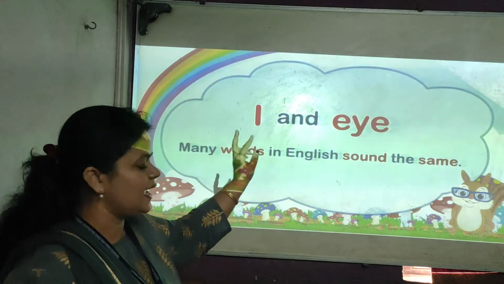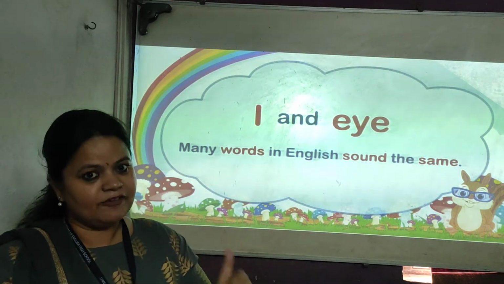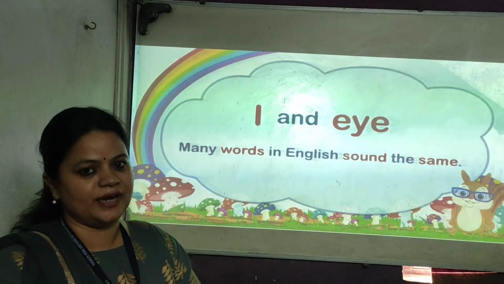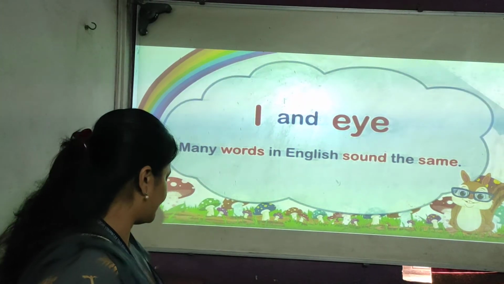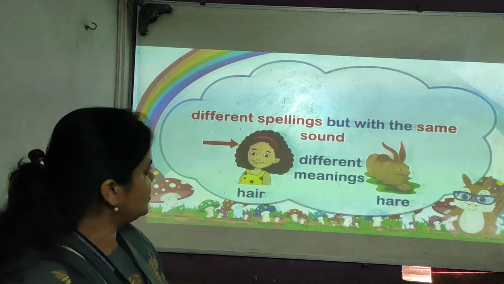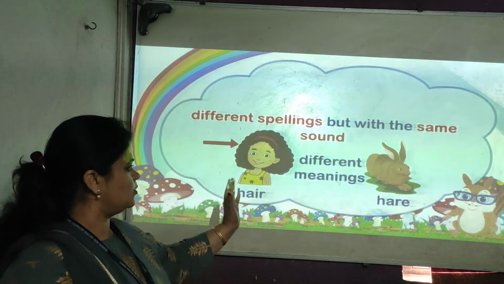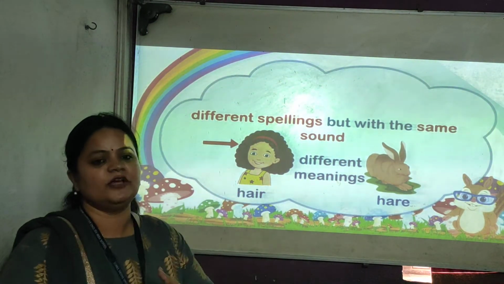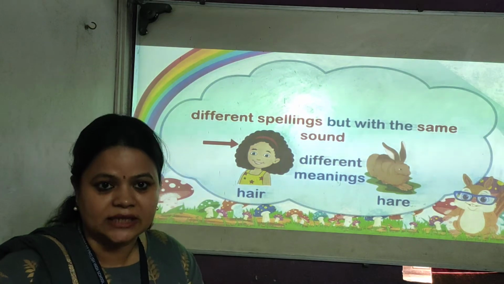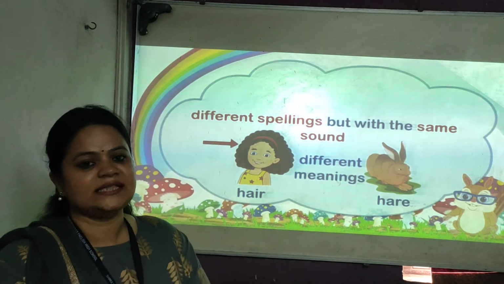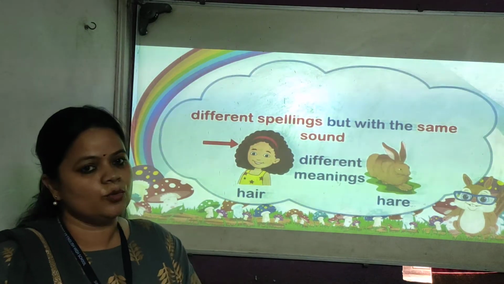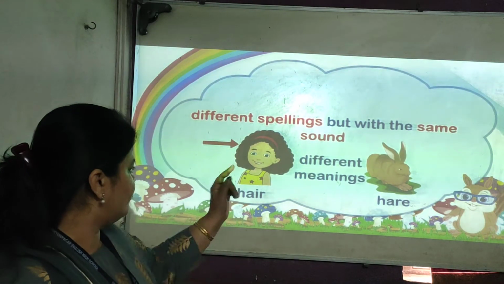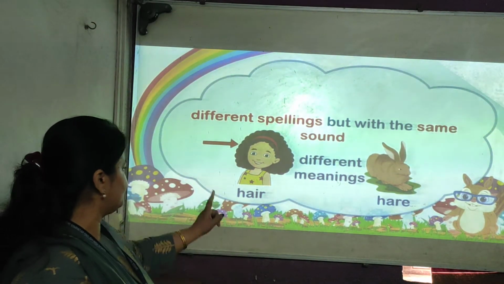So both I and eye have different spellings as well as different meanings, but when you read them, they sound the same. Different spellings but with the same sound, different meanings. So when you read the words in English, always the sounds are the same but their meanings and their spellings are different. For example, can you see here?